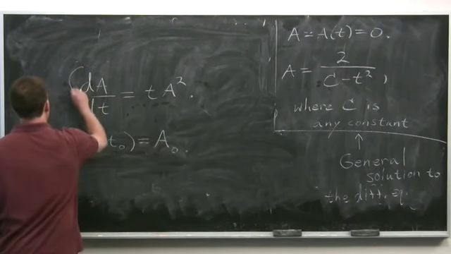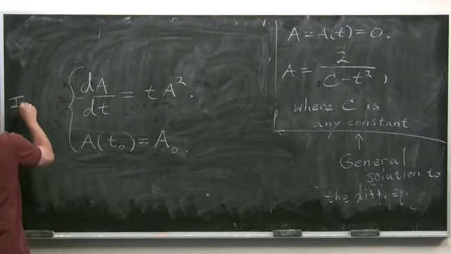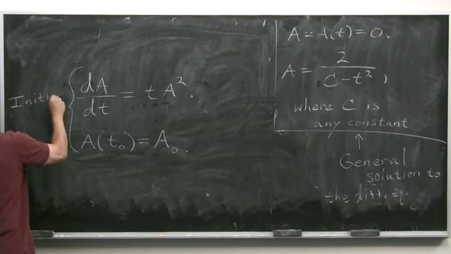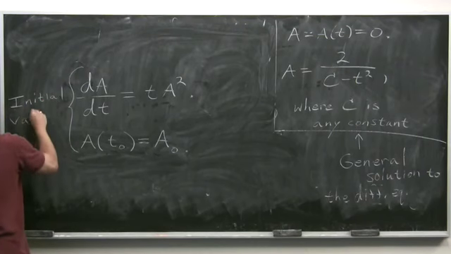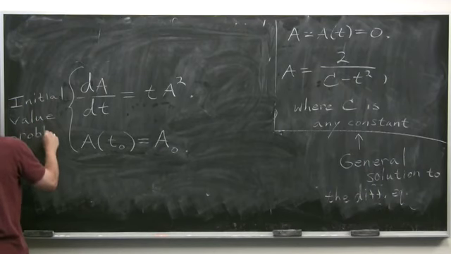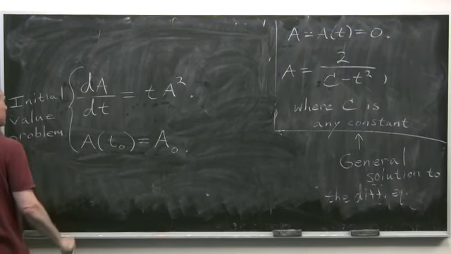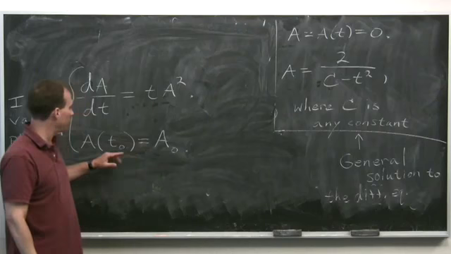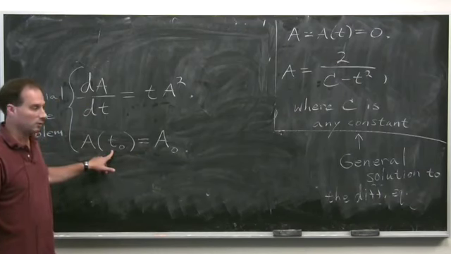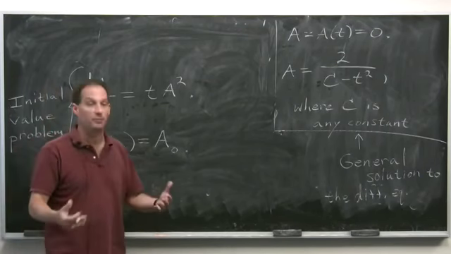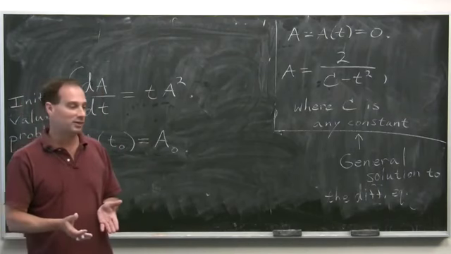Now this is called an initial value problem. It's a differential equation together with some data that we call initial data. Frequently t naught is 0, and frequently the independent variable is time.